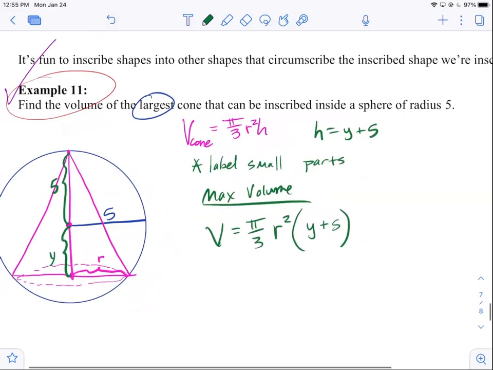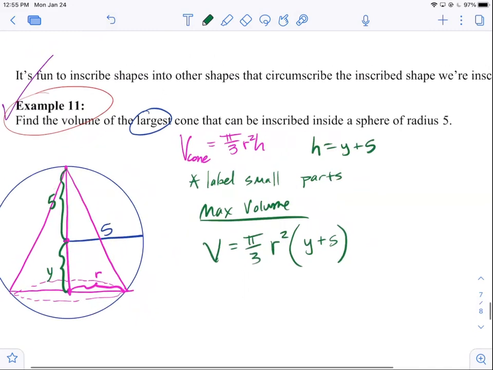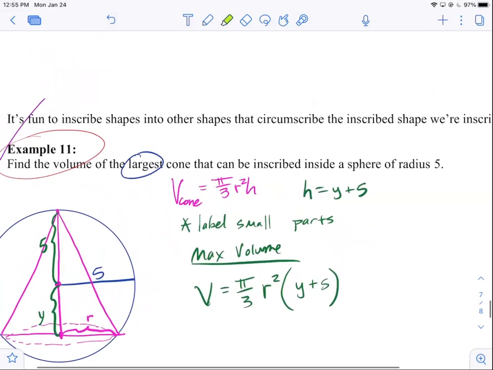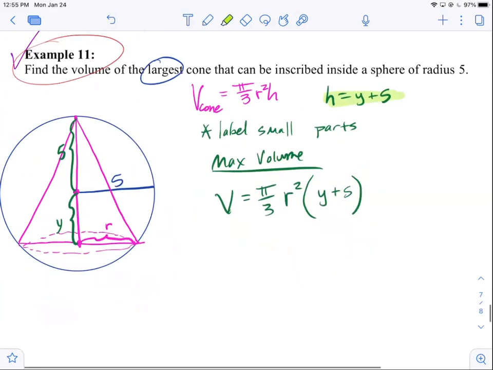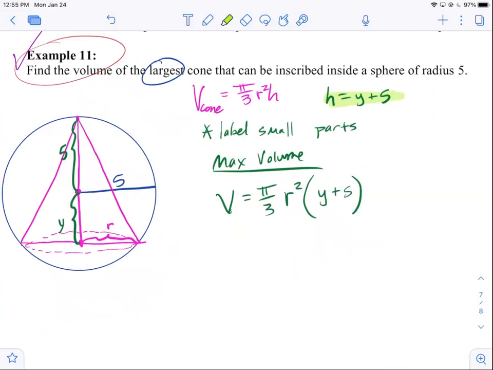So that's the equation that I'm trying to maximize. You pull the formula off the formula chart, but you custom tailor it to fit your needs, okay? So there you go. If you want to make this note up here, that's fine. You don't even have to say h equals y plus 5. So I have the volume now in terms of r and y, where y is the distance above or below the center I need to go in addition to 5, okay?